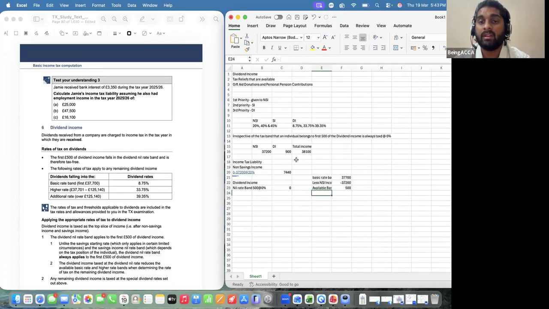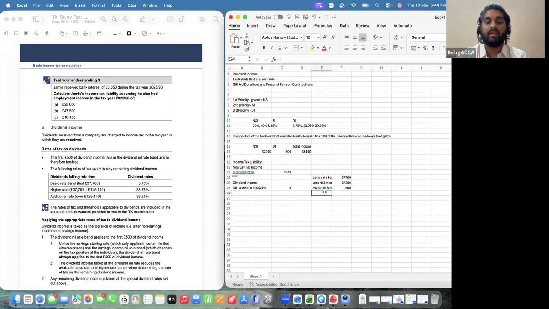Now we have a dividend income of 900, out of which the first 500 is taxed at 0%, which means out of the available basic rate band of 37,700, the nil rate band is also taking up 500 pounds. Always remember, the nil rate band should always be considered in calculating your total band availability.